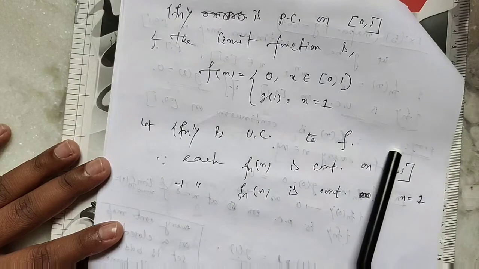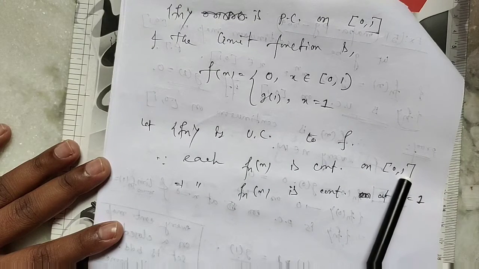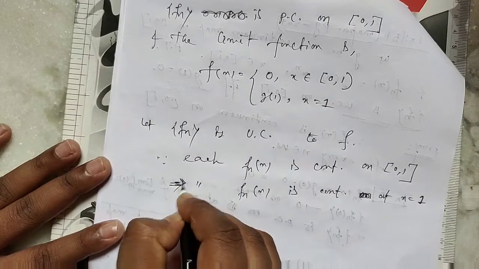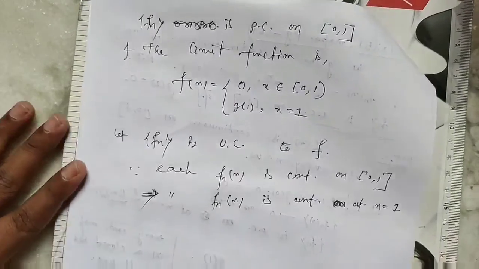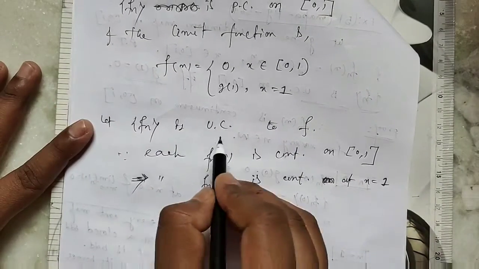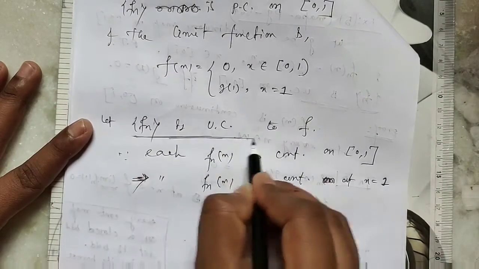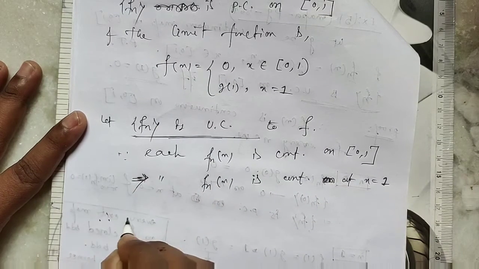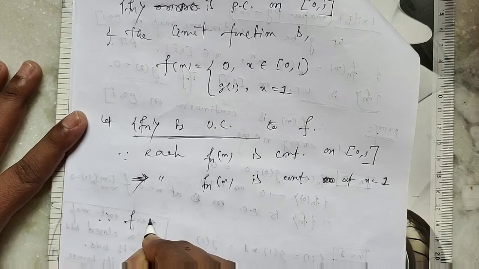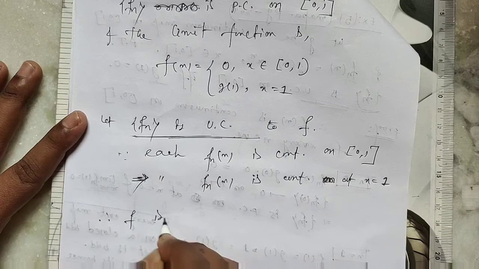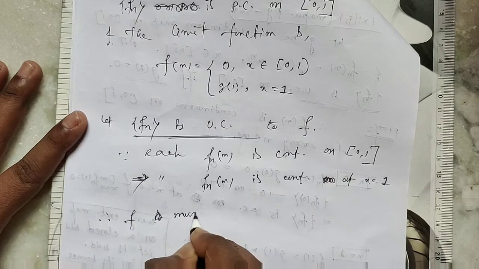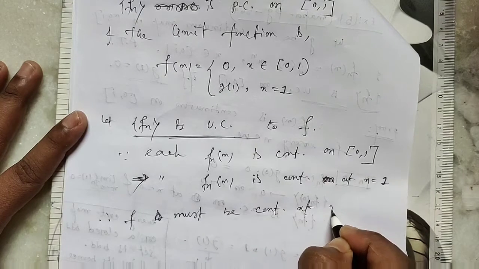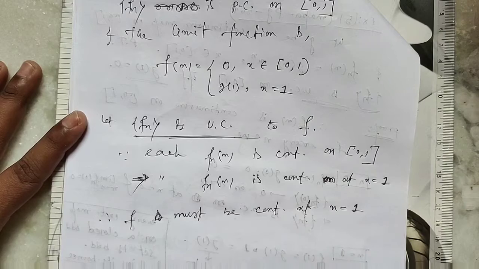For each n, as this uniformly converges to f, therefore the limit function f must be continuous at x equal to 1.